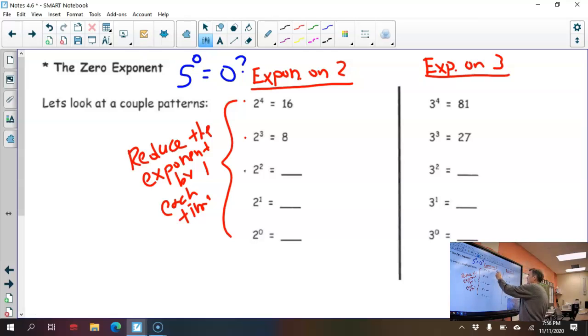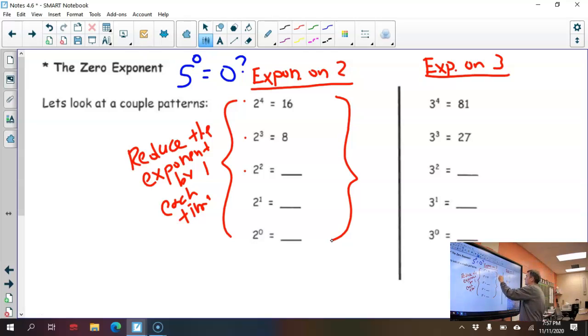So what happens over here when I reduce the exponent by 1 each time? Well, it gets cut in half, right? 2 to the 4th power is 16, right? 2 times 2 is 4, times 2 is 8, times 2 is 16. And 2 to the 3rd is 8. 2 times 2 is 4, times 2 is 8.